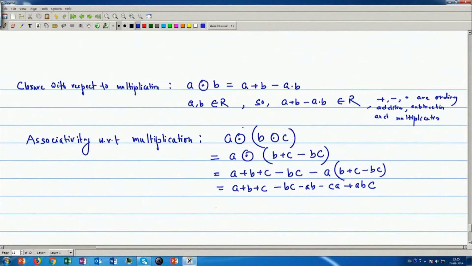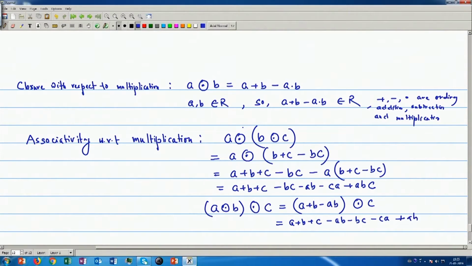Now, if the ordering of multiplication is changed, that means A dot B first, then multiplication with C, this becomes A plus B minus AB, times C, which gives A plus B plus C minus AB minus BC minus CA plus ABC.